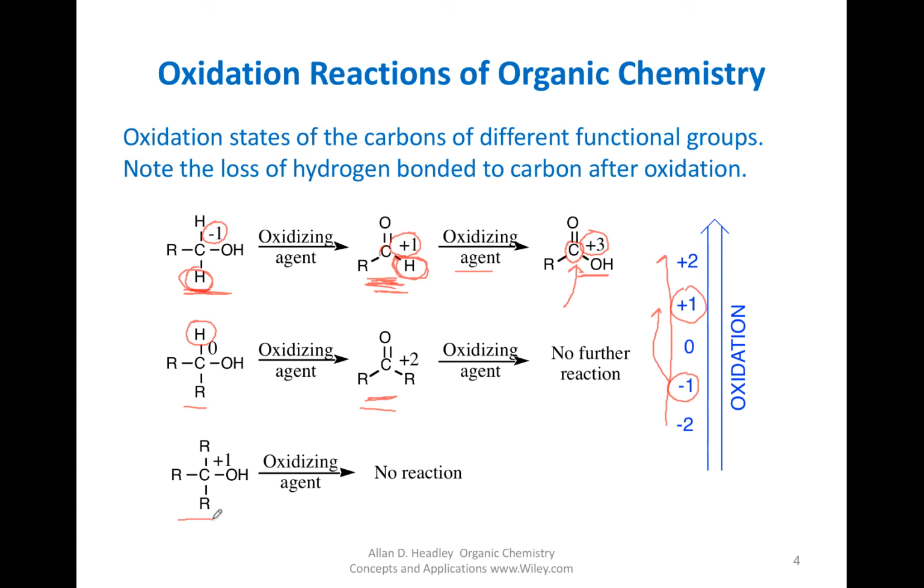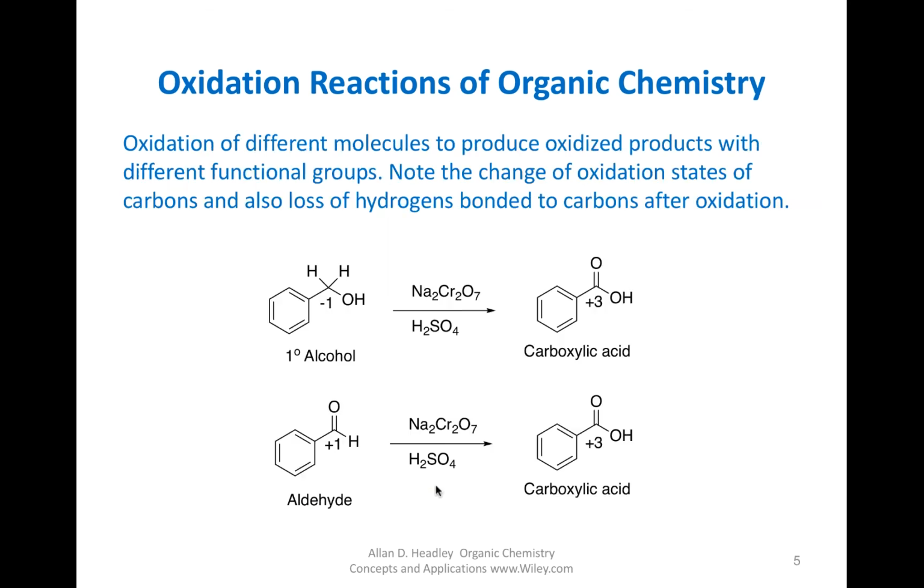So that means that if you had a tertiary alcohol and you supply an oxidizing agent, there should not be a reaction because there's no hydrogen bonded to the carbon to be lost. So let's look at some more examples before we look at the mechanism.